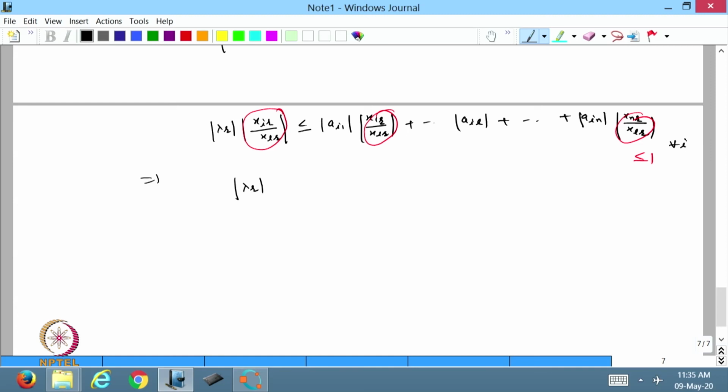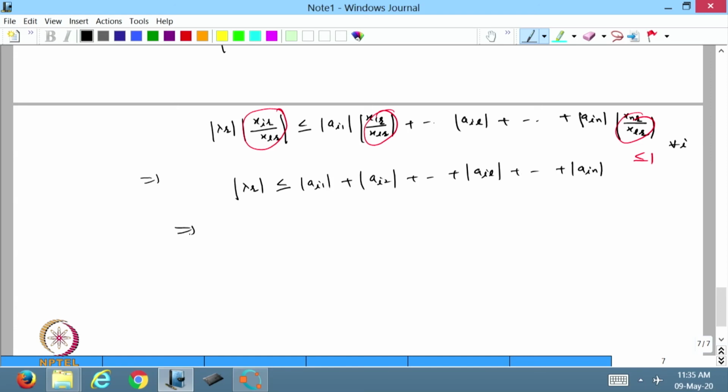Now, from here I can write a_i2, a_iL, up to a_in.